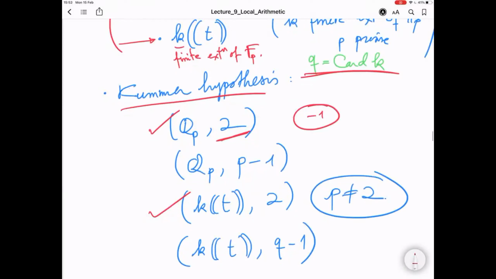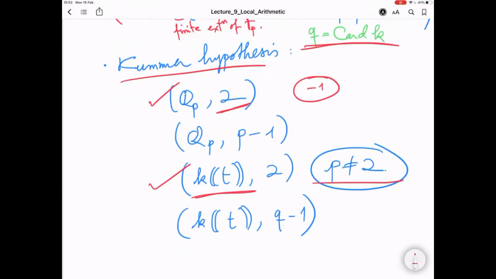And so does k((T)), except when p is equal to 2, because in characteristic 2, minus 1 is equal to 1. And we have seen in general, in characteristic p, the only pth root of unity is 1. In particular, there cannot be a primitive pth root of unity in a field of characteristic p.